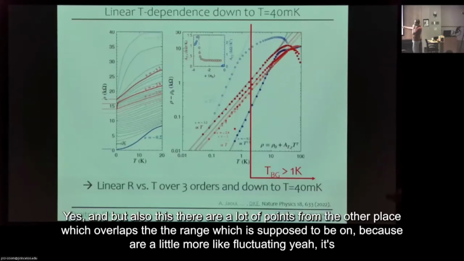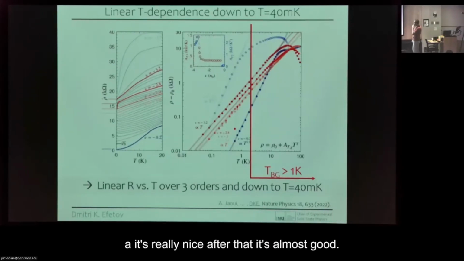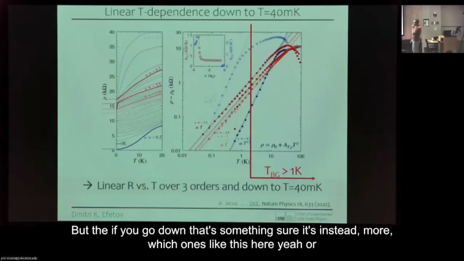I mean, the fit's very nice after that temperature. It's almost perfect, right? But if you go down that temperature, it seems that there are some more data points which are a little off. Which ones? Like this here? Yeah. And also this is a superconductor.